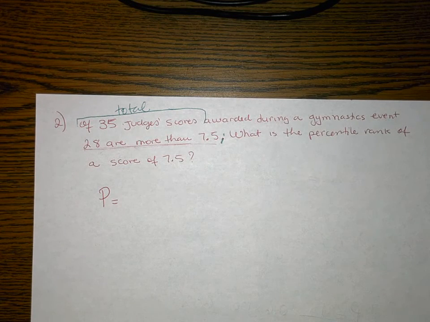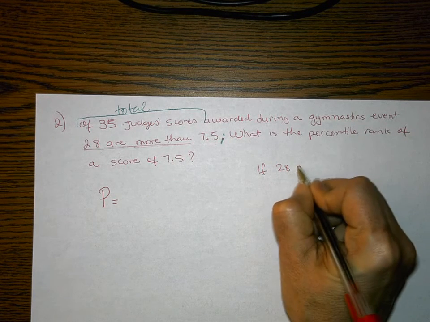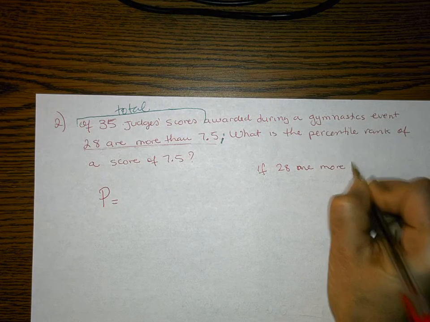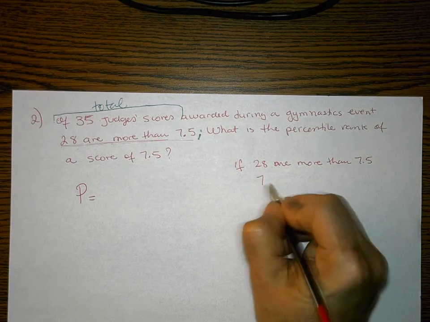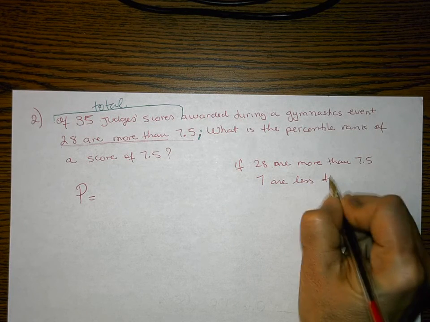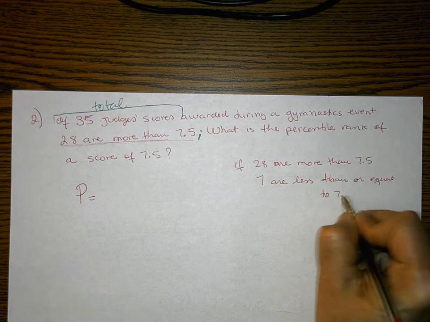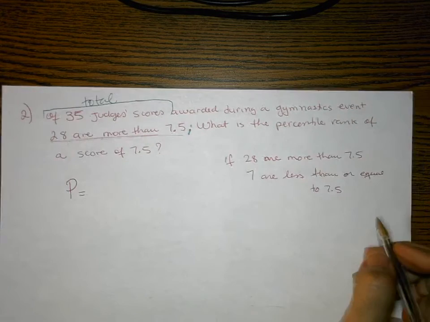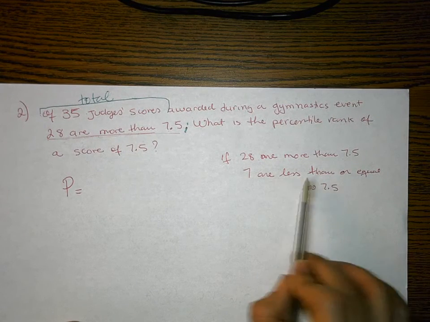If you think about it, if you have a total of 35 and you subtract the 28 that were more than, then you have 7 that were less than or equal to 7.5.